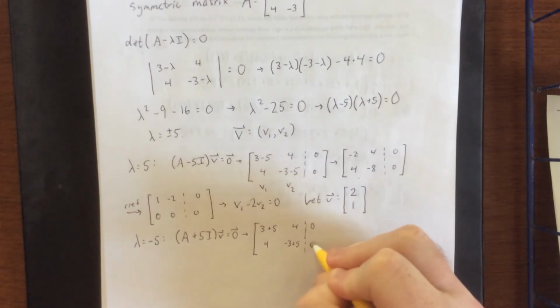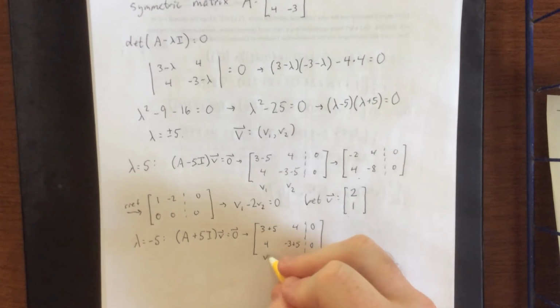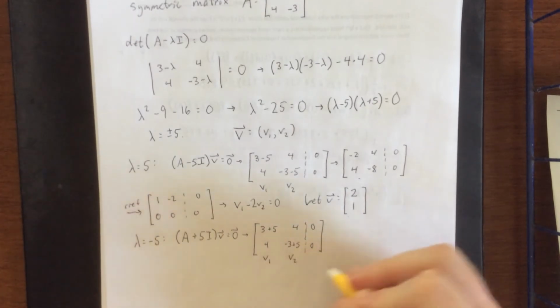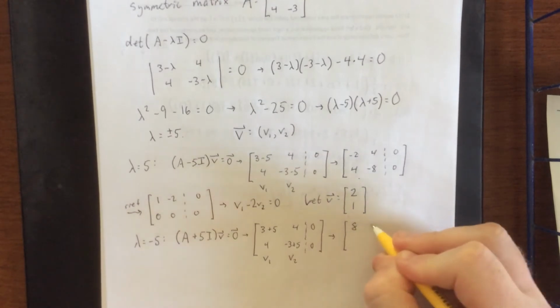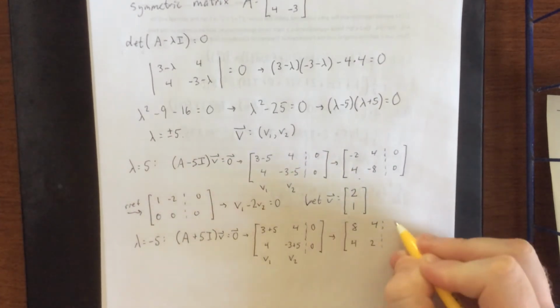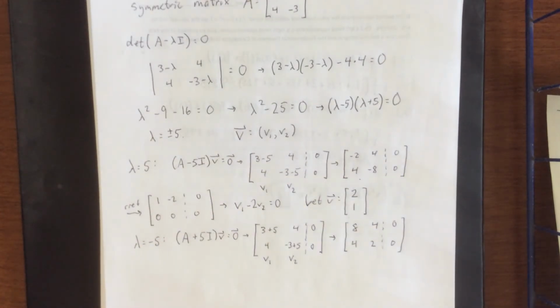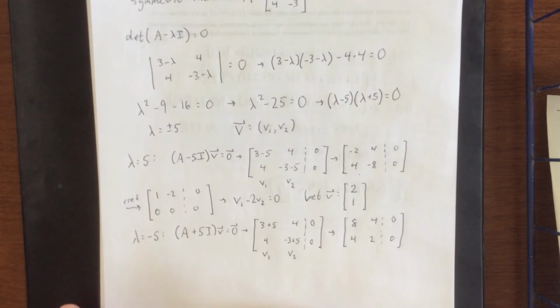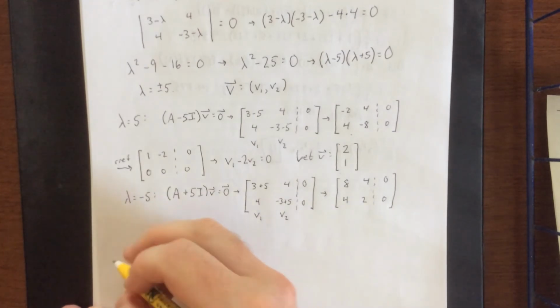Augment with the 0 vector, and we're good. Now again, this represents coefficients of V1, this represents coefficients of V2. Simplifying each of these, we'll get 8, 4, 4, and 2. Once again, augmented with the 0 vector. Once again, these two rows happen to be multiples of each other, which means that I can take negative 1/2 of the first row and add it to the second row, and it will zero out.